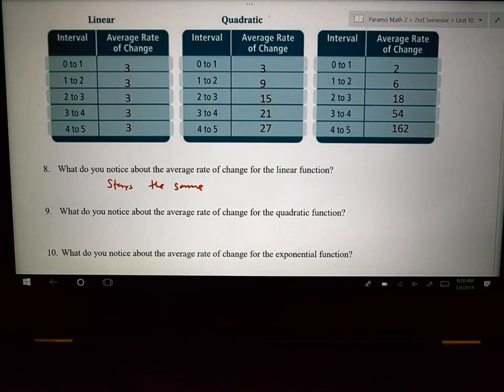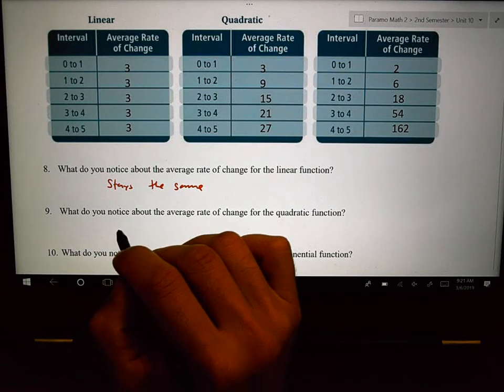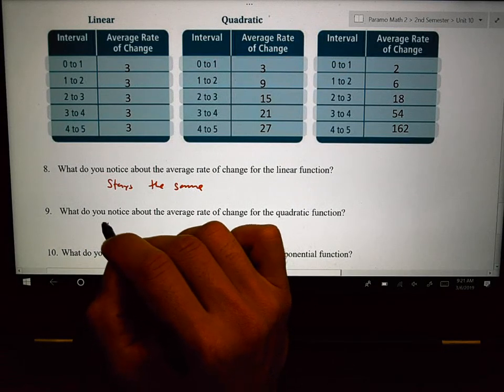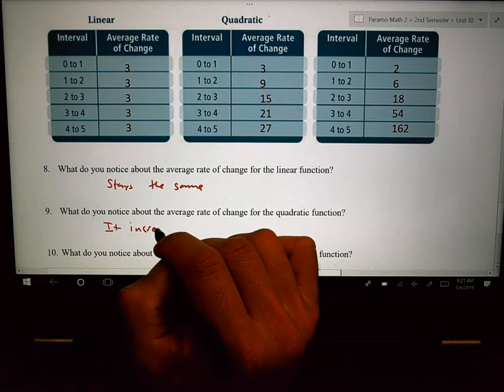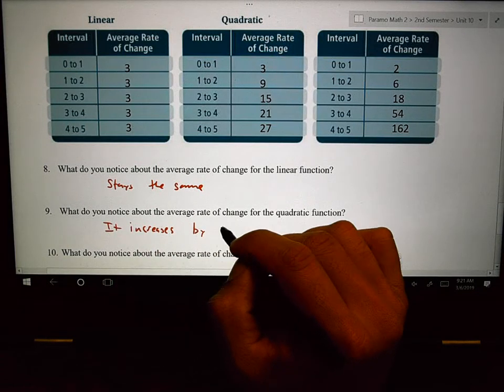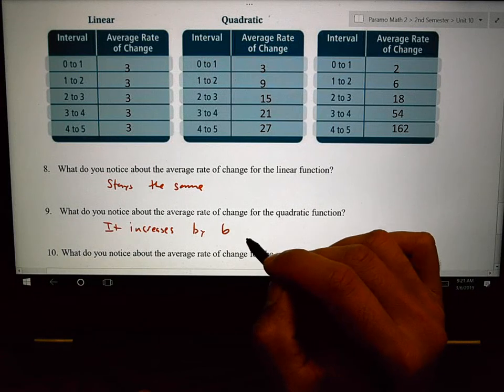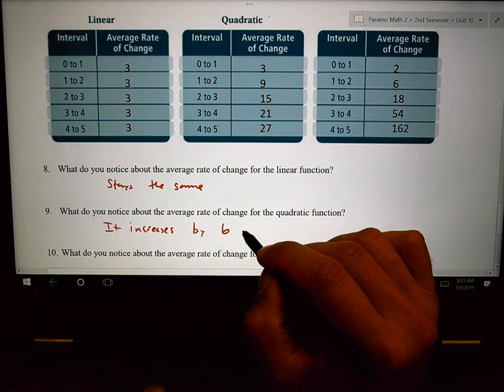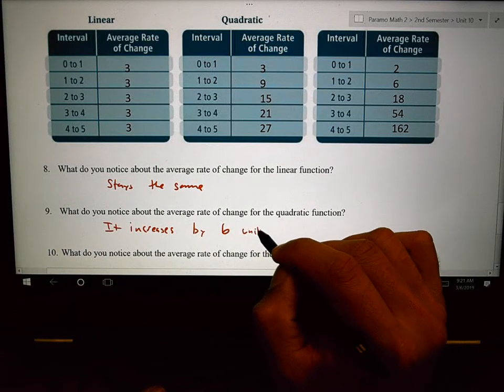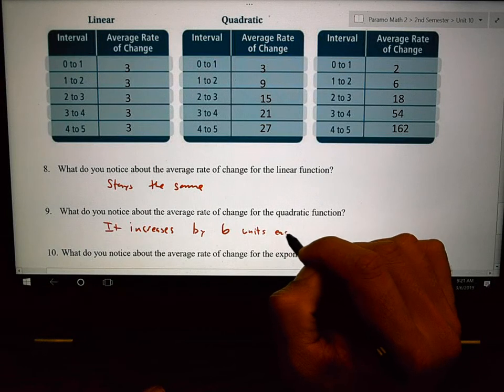It's changing. It's getting bigger. Do you see a pattern? Goes up by 6. It increases, is a fancy word. It increases by 6 units each time. That's neat.